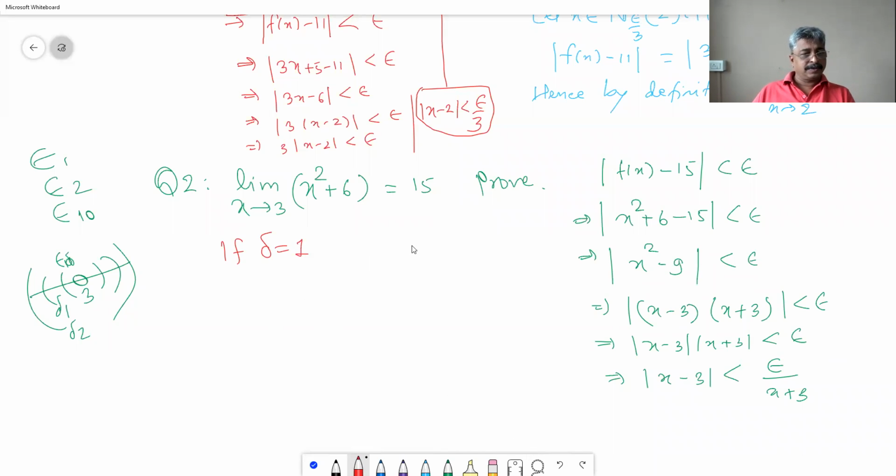This means absolute value of x minus 3 is greater than minus 1 and less than 1. Is that correct? That is the meaning of delta. You are in the 1 neighborhood of 3. What does this mean? Now x is here.